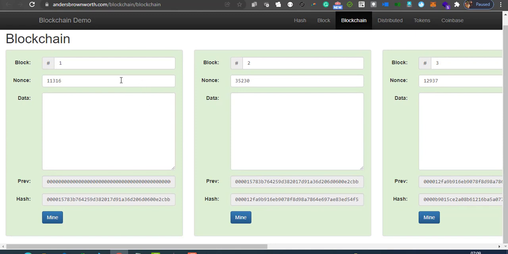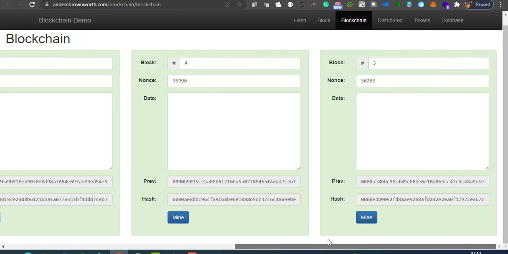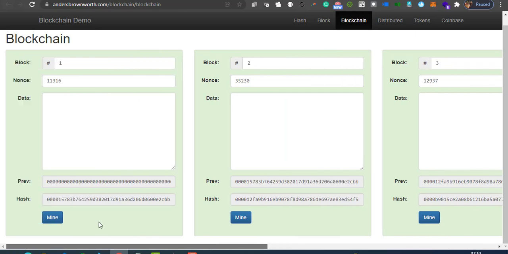We can see that block one and block two are linked with a key, which is the hash, with the previous hash in the second block, and so on and so forth. So let's say I go and try to change something in block 2, the entire blockchain gets invalidated.